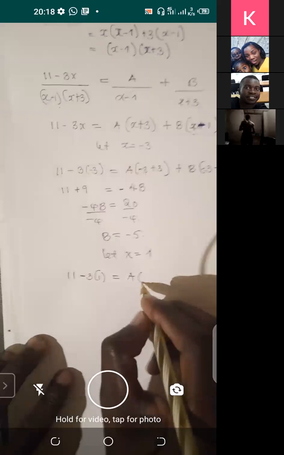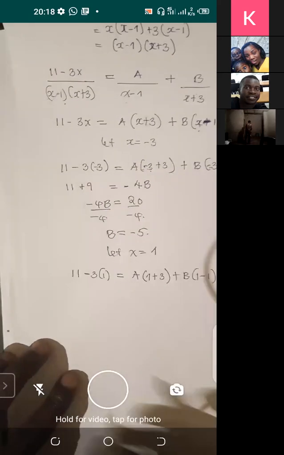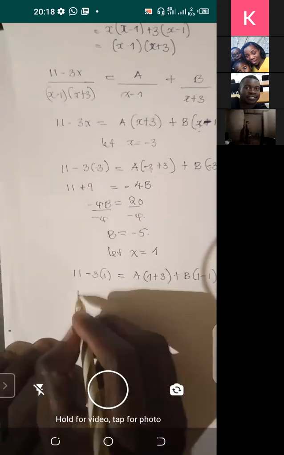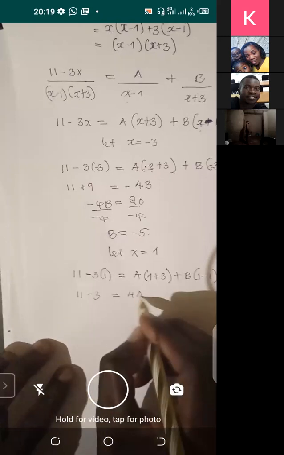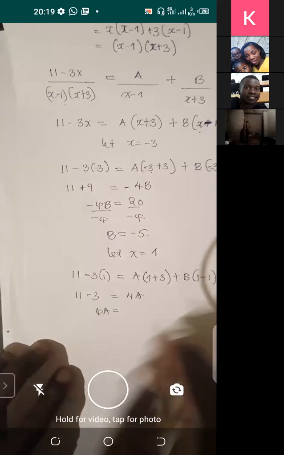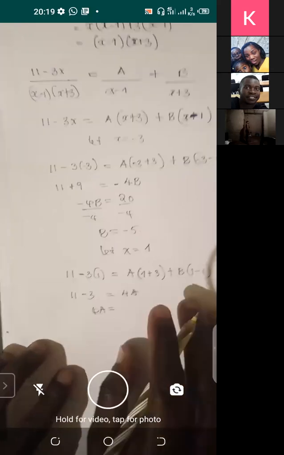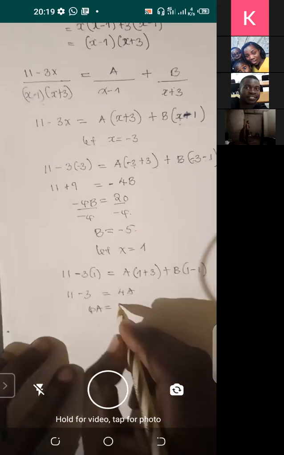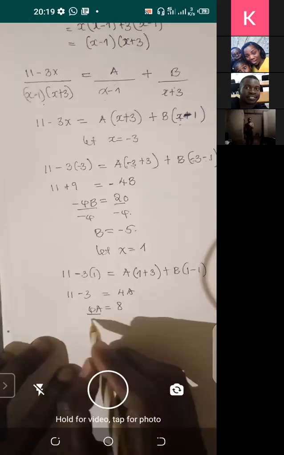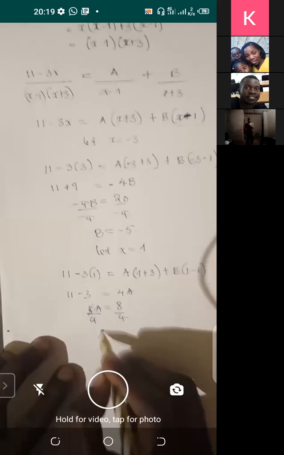Then 11 minus 3 on this side is equal to 4A. So you have 4A being equal to 8, so your A is equal to 2.